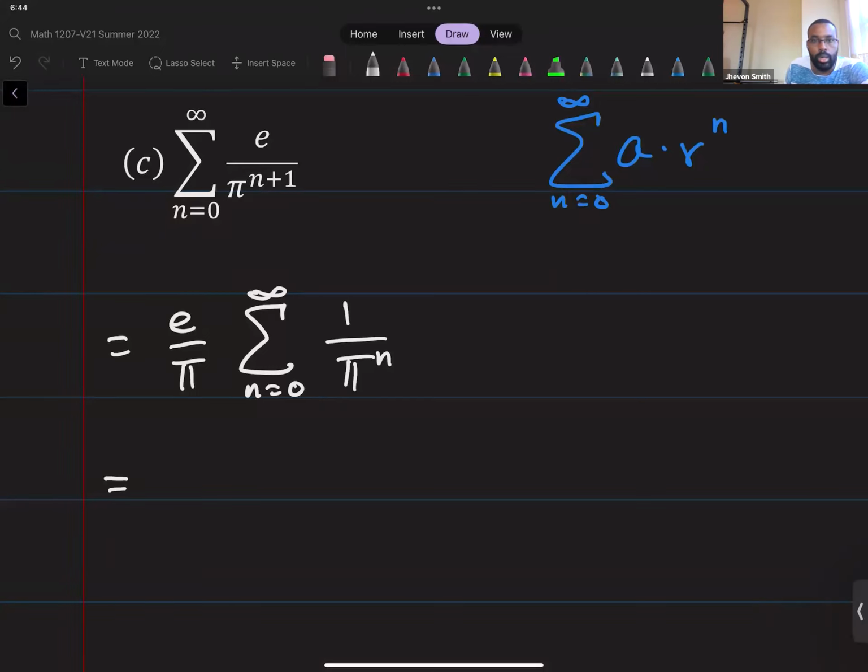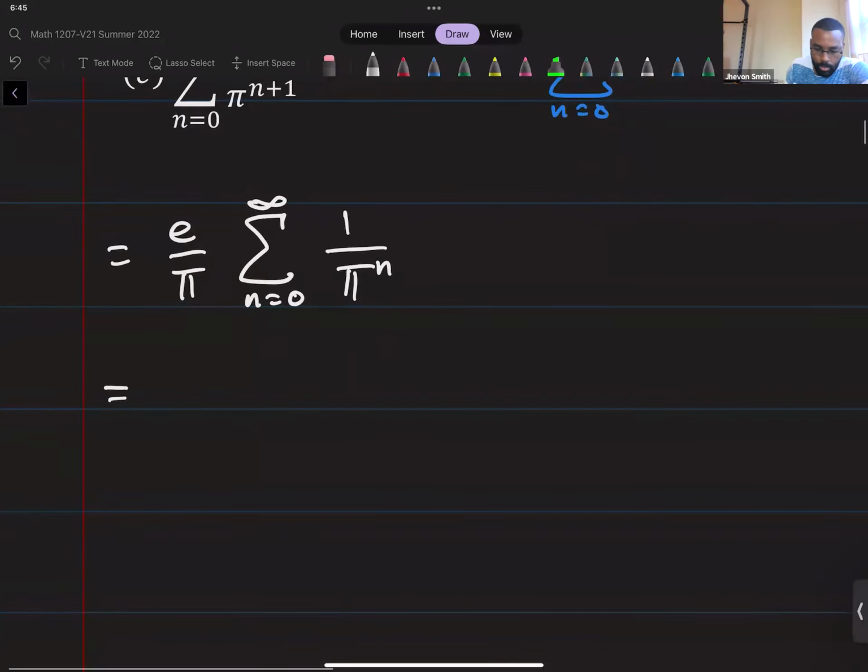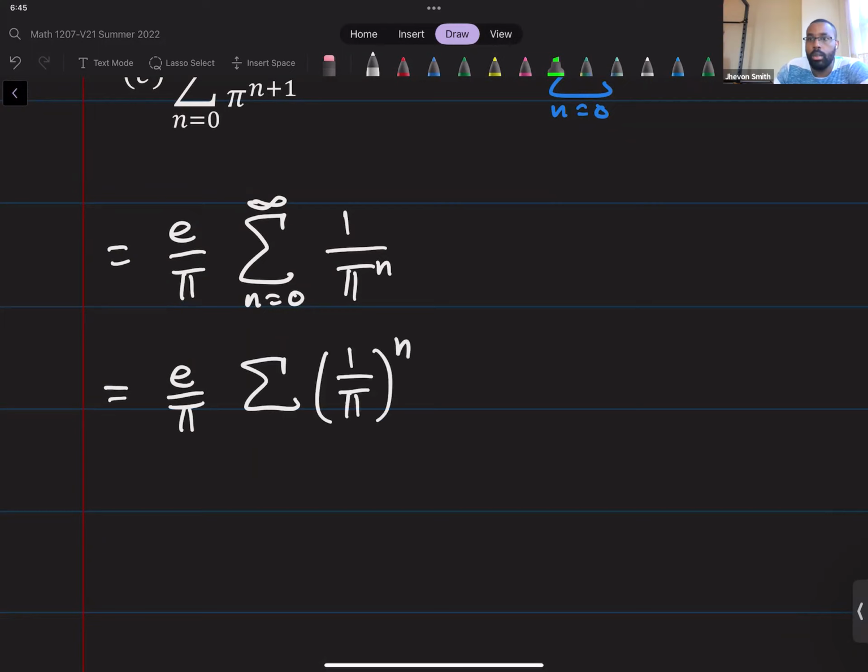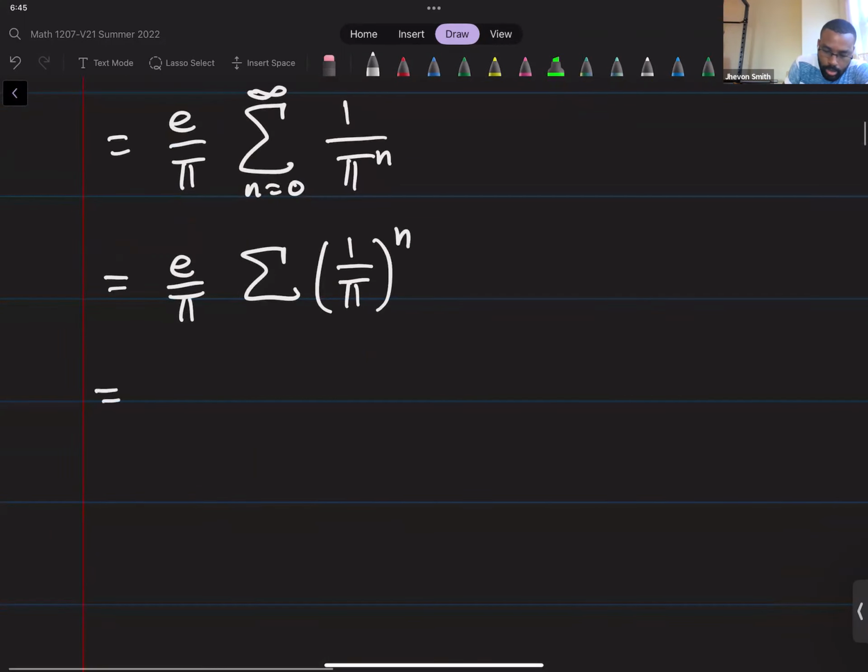And how would you write that in the right form? In this case, since it's a 1 over pi, I think that's just equivalent to 1 over pi, quantity to the n, like in parentheses. So you can treat that as the R term, 1 over pi to the n. Right. And so again, that's geometric here.